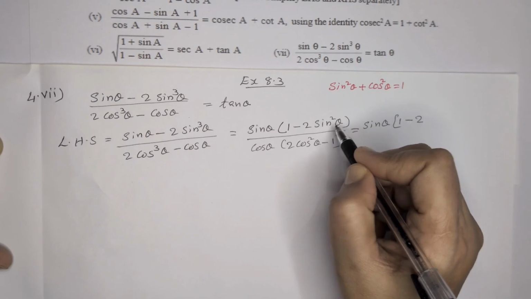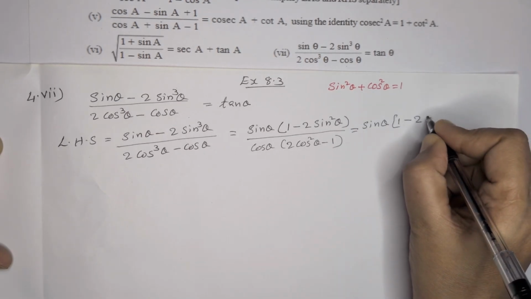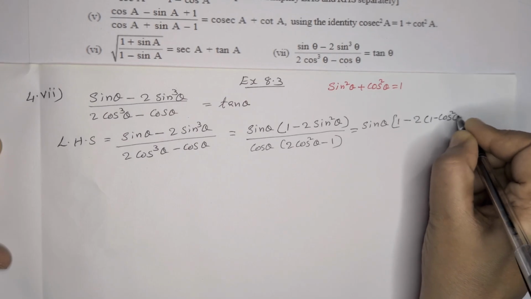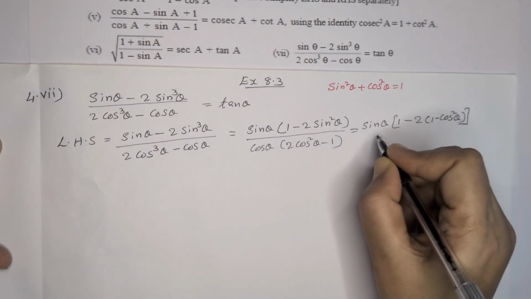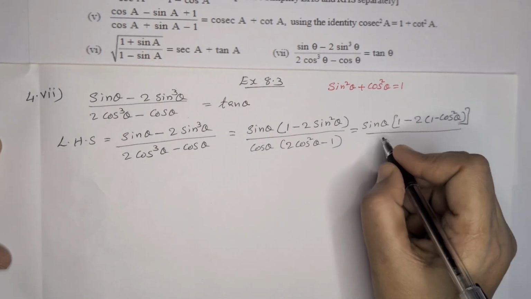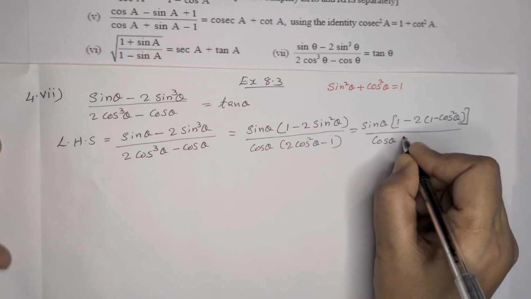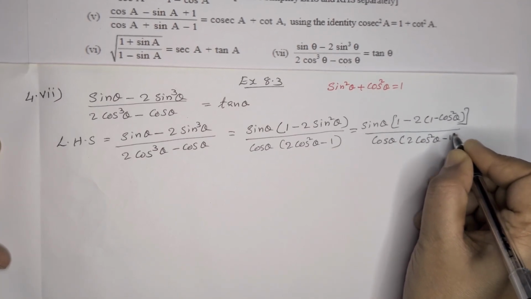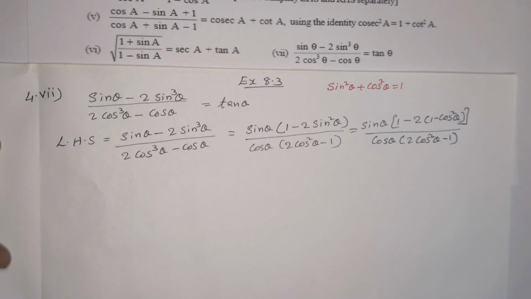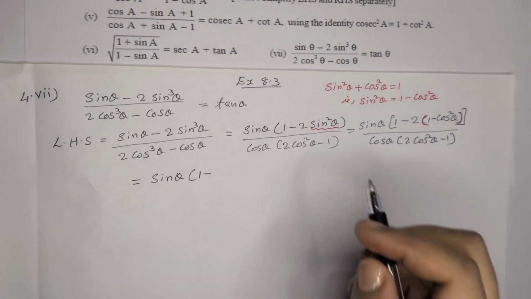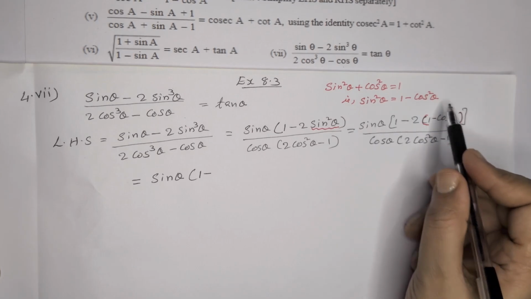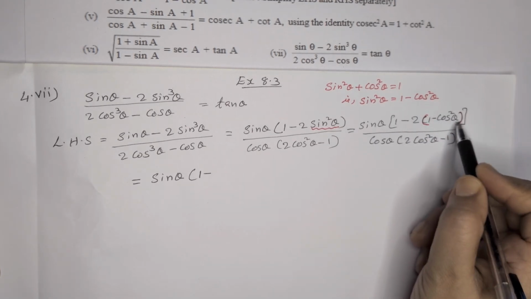So for this sin square theta, we are replacing that as 1 minus cos square theta, divided by the denominator, same, cos theta into 2 cos square theta minus 1. Here we replace this sin square theta by 1 minus cos square theta, in a separate bracket.